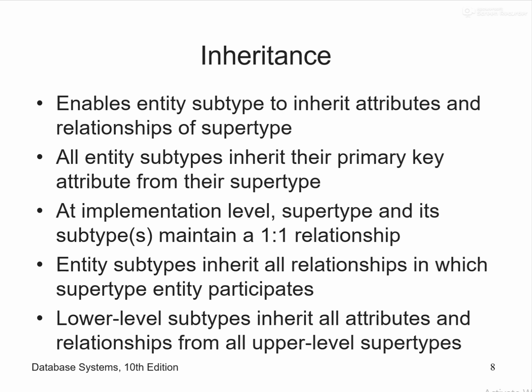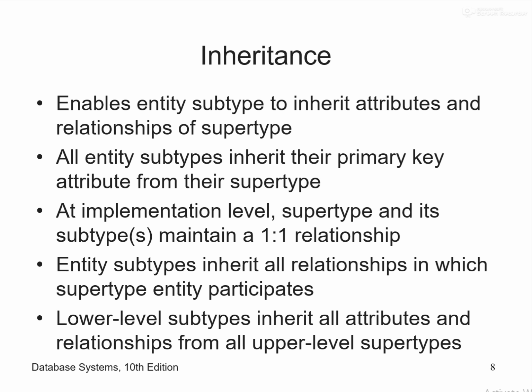Like we have seen in the previous example that pilot, mechanic and accountant all inherit the common attributes, which are employee number, employee last name, first name and hire date, from the employee entity.